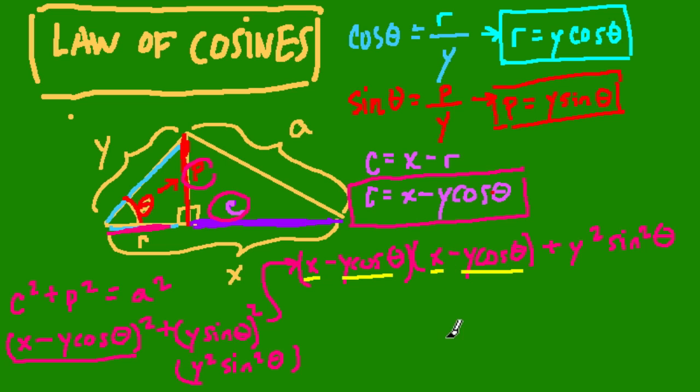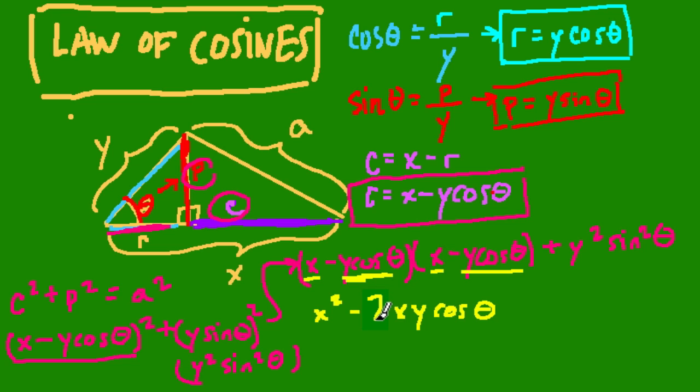So x times x, what's that? It's x squared. Next we have x times minus y cosine of theta. So we think of that as minus xy cosine of theta. But let me move that over because I want to make some room. We're going to do that twice. Next we're going to do y cosine of theta times x, which again is minus xy cosine of theta.